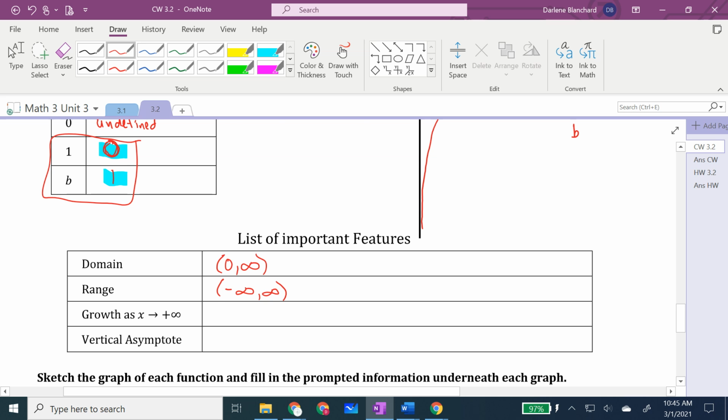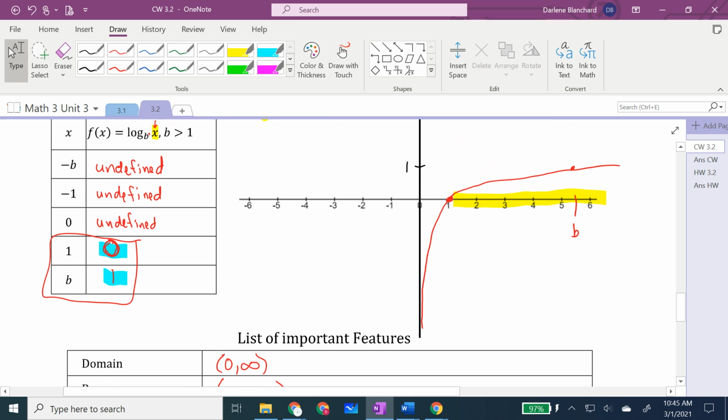And I want you to understand that as x approaches infinity, so as your input goes further out, this is slowing down dramatically. Just like when the intensity of an earthquake increases, the answer we give for its number on the Richter scale, it's got to go much further in intensity to go up a level.